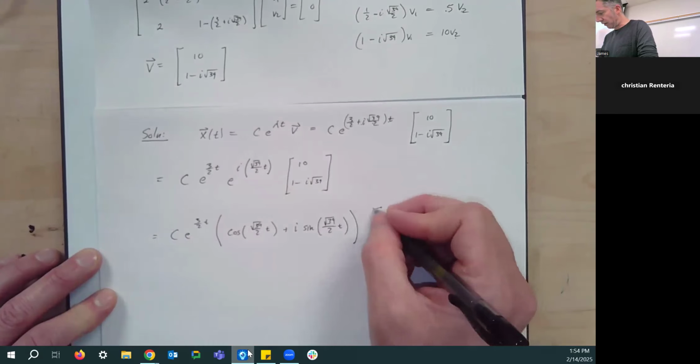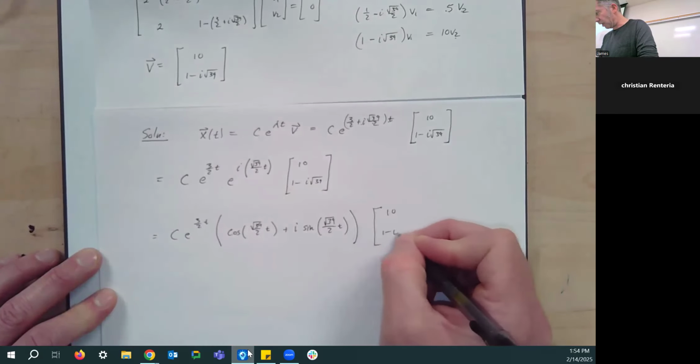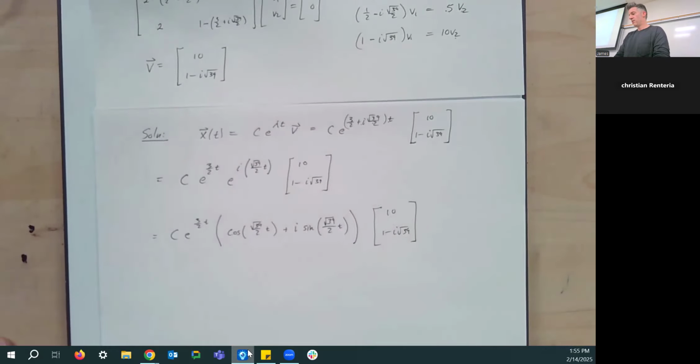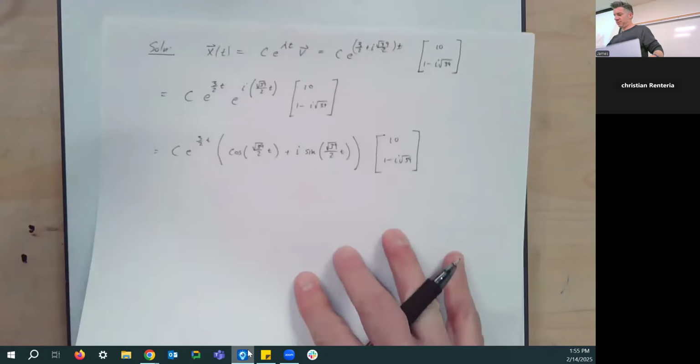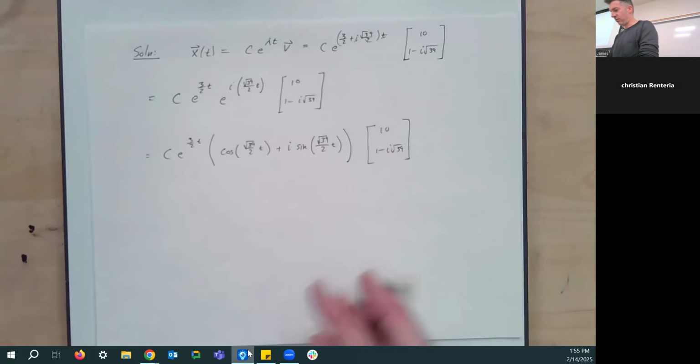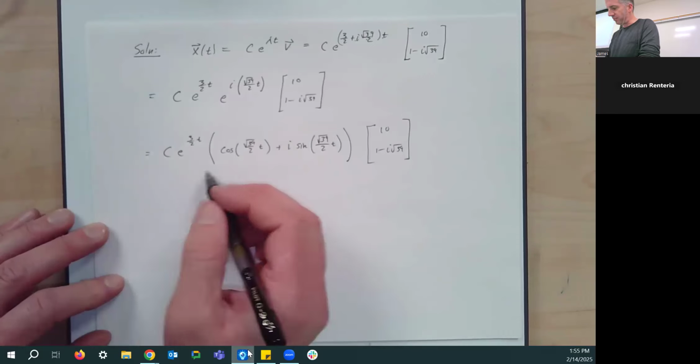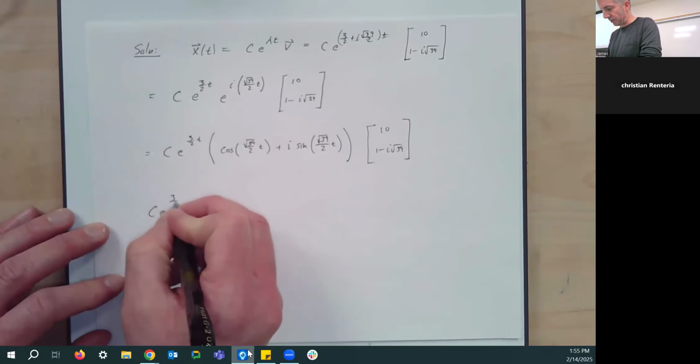All times still the vector 10, 1 minus i root 39. Now we multiply it all out. Fun times for everyone. So we multiply it all out and we get c e to the 3/2 t.